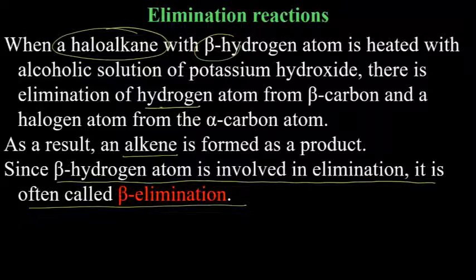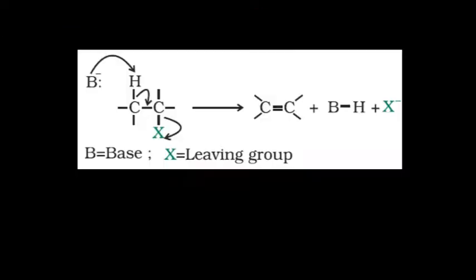So you need to remember, in a beta elimination reaction, we are talking about elimination of halogen and hydrogen from adjacent carbons, resulting in a double bond. So this is what we are talking about. Here this is the halogen. It means this is the alpha carbon.